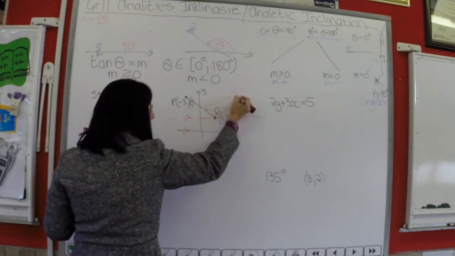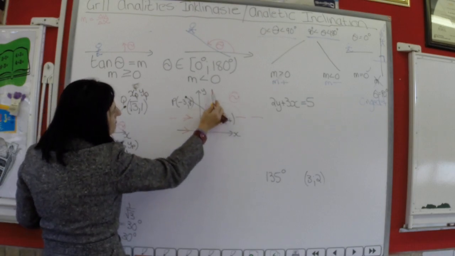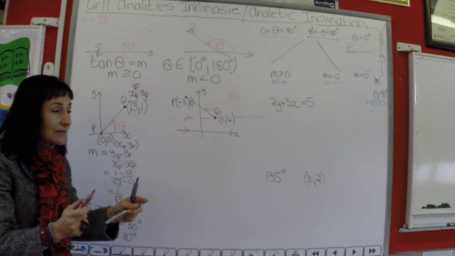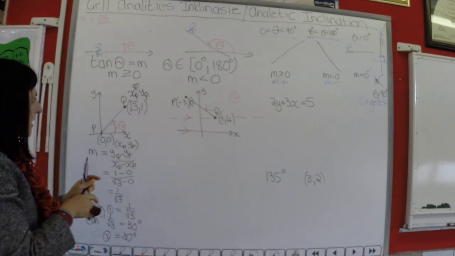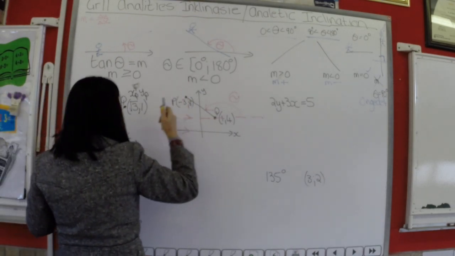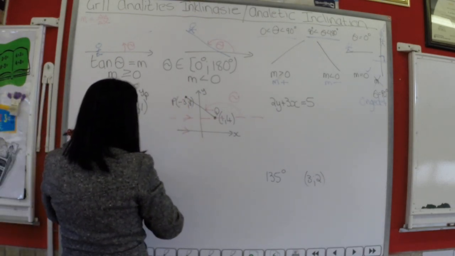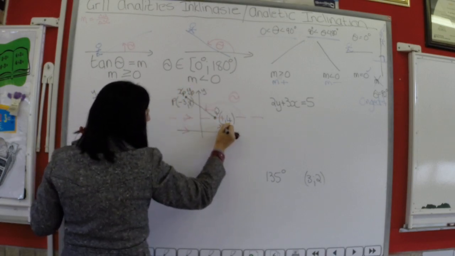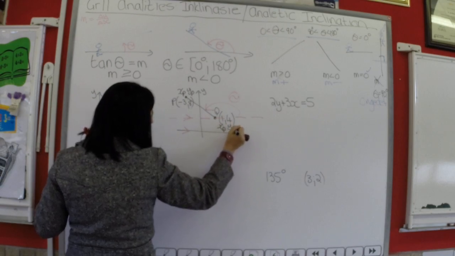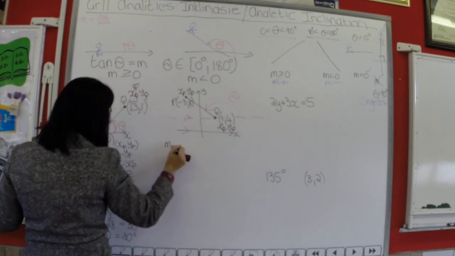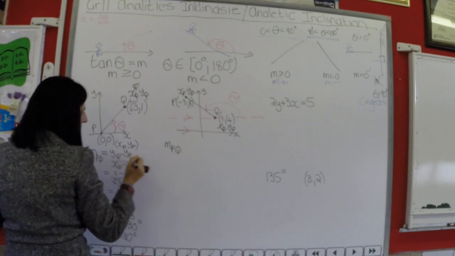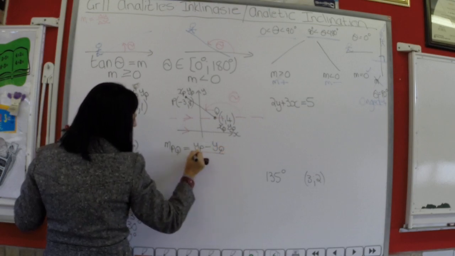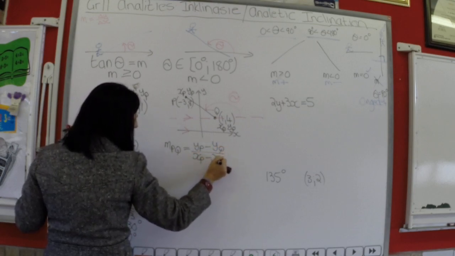Kan julle sien hy stop, want hy lê tussen 90 en 180 obtuse. So I know my gradient is going to be negative. So kom ons gaan werk hom gou uit. Ek gaan sê die x van P, y van P. X van Q, y van Q. So gradient of PQ is going to be yp minus yq on xp minus xq.